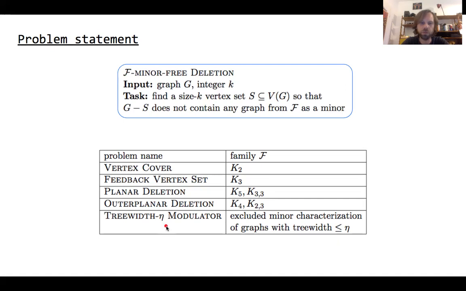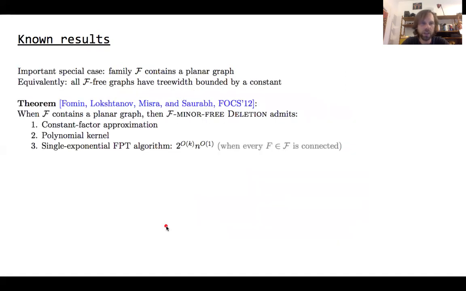There is one important special case for F-minor-free deletion, which occurs when the family F contains at least one planar graph. We know that this is equivalent to a condition that all F-minor-free graphs have treewidth bounded by some constant.